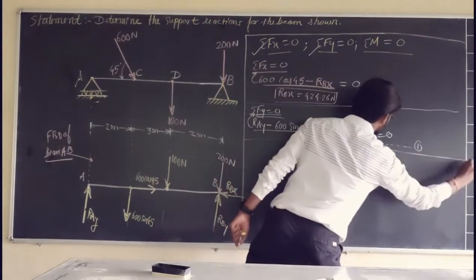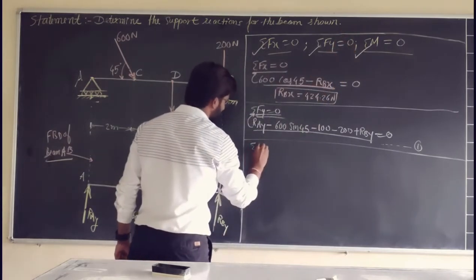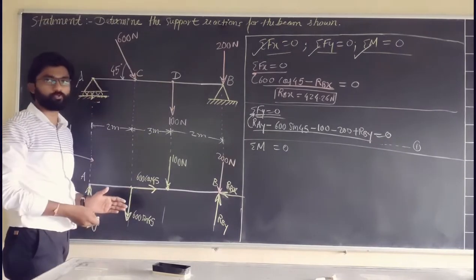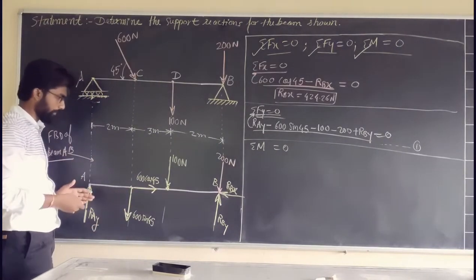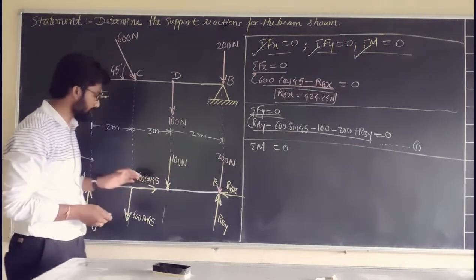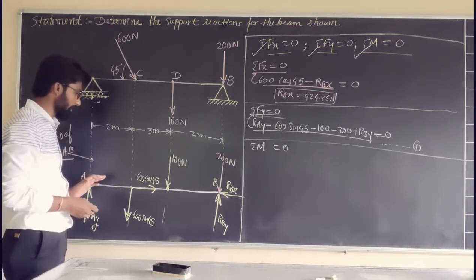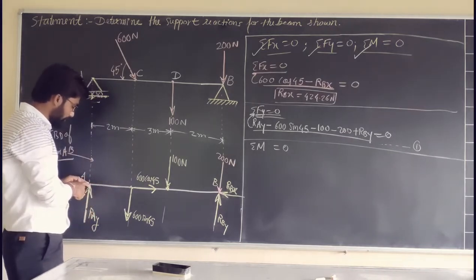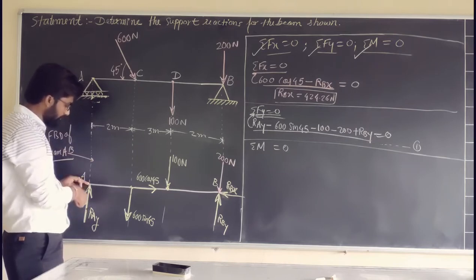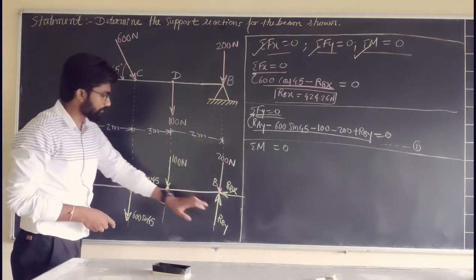Then we go with the next, that is summation of moment about any point equal to 0. Here there is a choice for you to select a particular point. While selecting the point, try to select one that reduces your calculations. If I select A, the moment created by RAY will be 0, so RAY will not come into the equation, and only RBY remains.